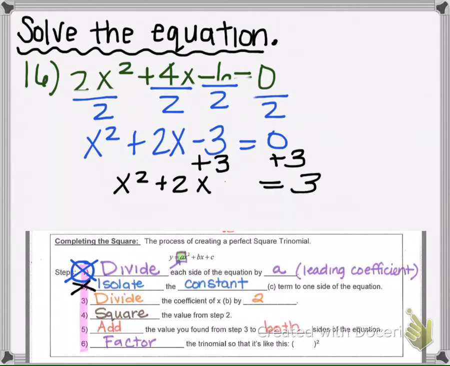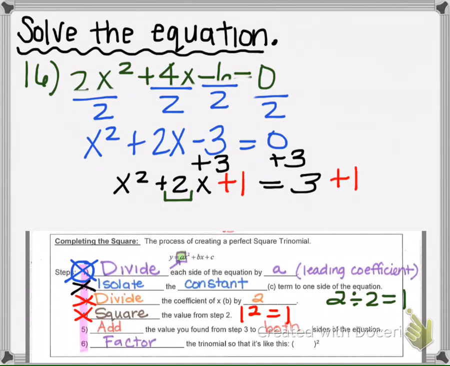Alright, step 3. Take the b value, which is the coefficient of x, so take this 2. Divide it by 2, which is 1, and done with step 3. Step 4 is to square that value, so we get 1. So that's the number.